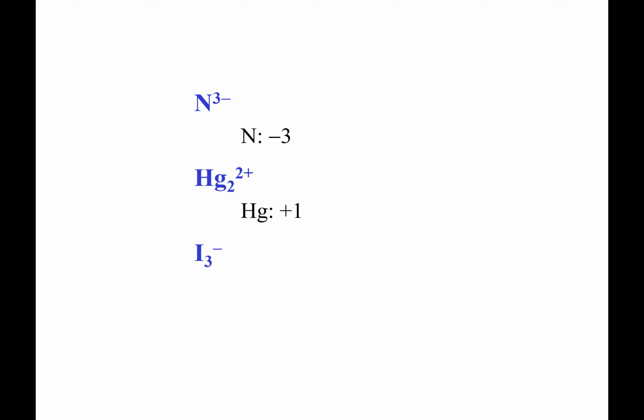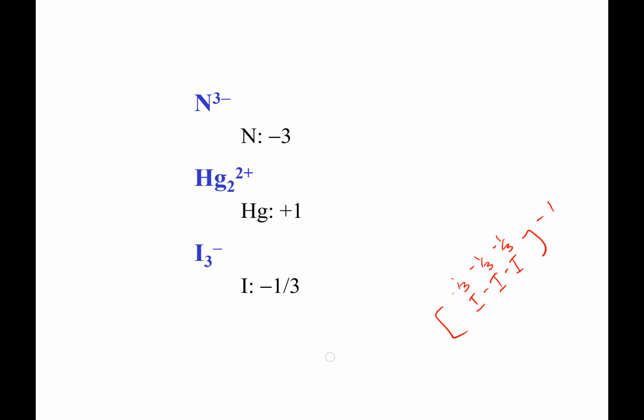But this next one's not neutral. What do you think about each of the 3 I's? Can't be 1 because you have 3 of them, and then you're going to be running around with -3. So we have I, all running around with a -1 charge. Yep.